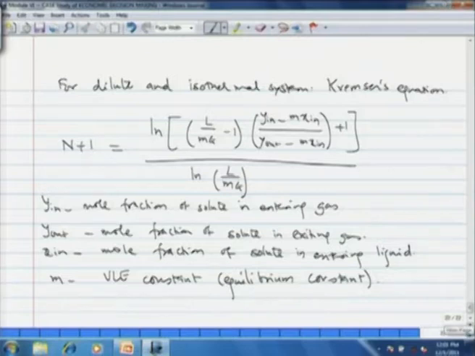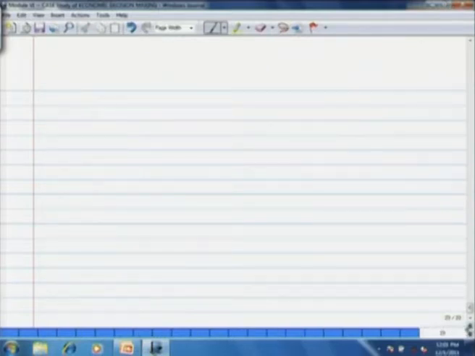Now, we have already chosen to use pure water as solvent, and that particular choice immediately puts X in equal to 0. Okay. We have also seen recovery of 99% of acetone.